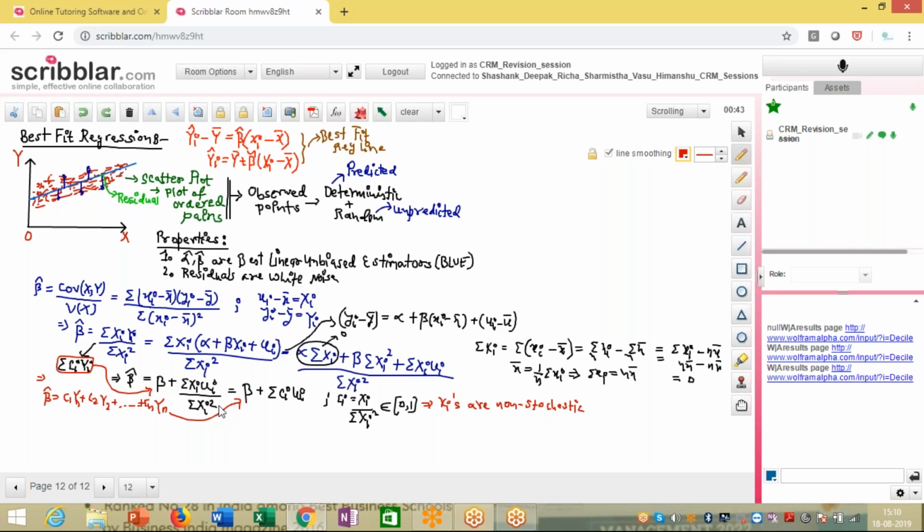So to ensure that the model is linear in parameters, the xi's have to be non-stochastic. Right? Is this point clear to everyone?